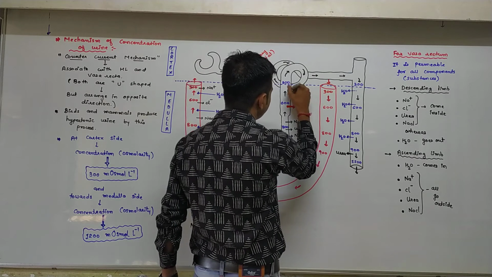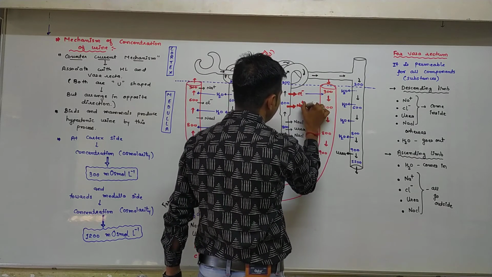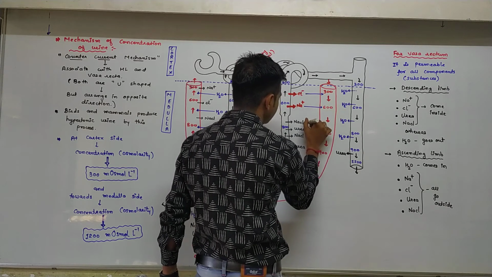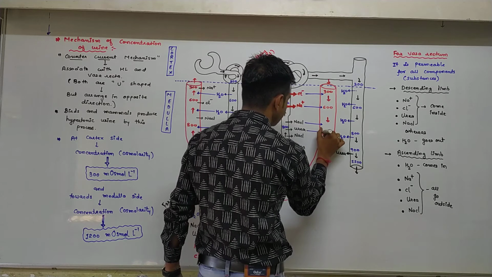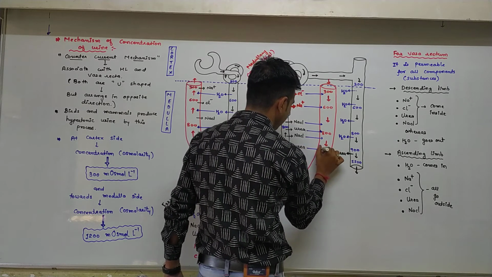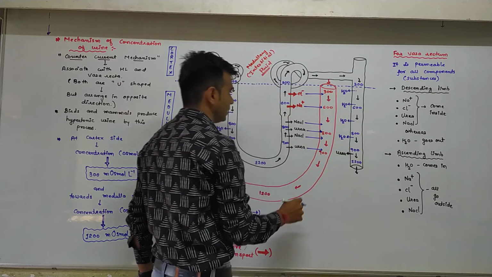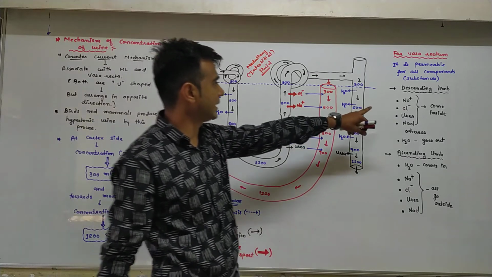Cl minus from this region entered the descending limb, Na plus entered here, NaCl comes here, all these components come here. Fine. We are here in the descending limb of the vasa recta.